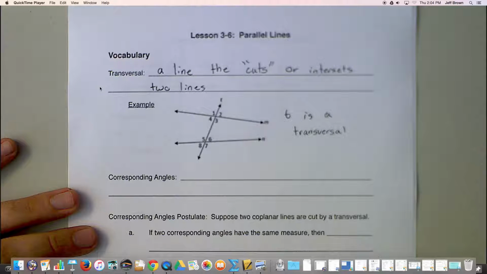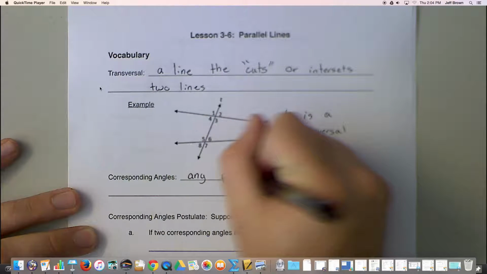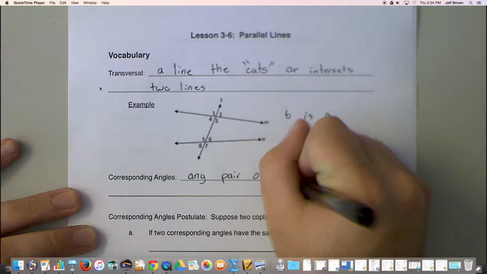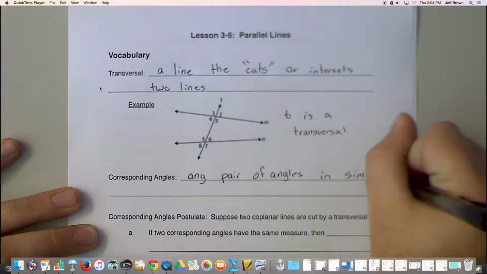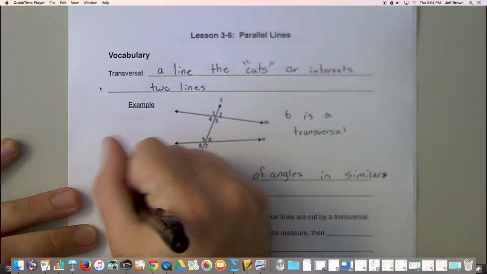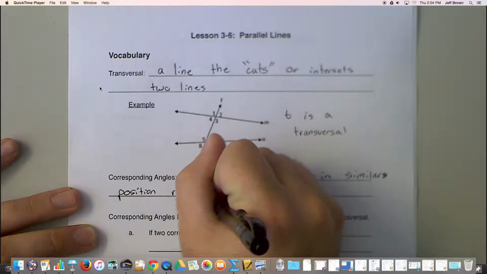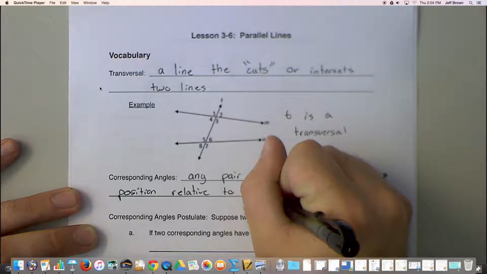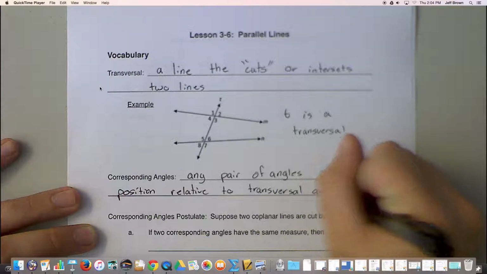Just like that. We also have another term called corresponding angles. So this is another pair of angles like the ones we were having yesterday. But for these ones, it is any pair of angles in similar positions relative to the transversal and each line.